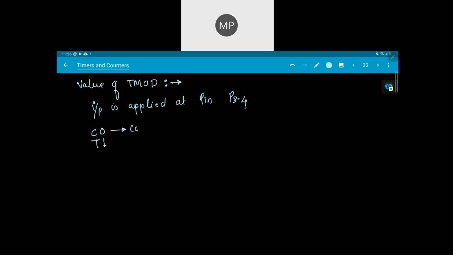Counter 0 is for counting and timer is for a delay of 1 second, right?